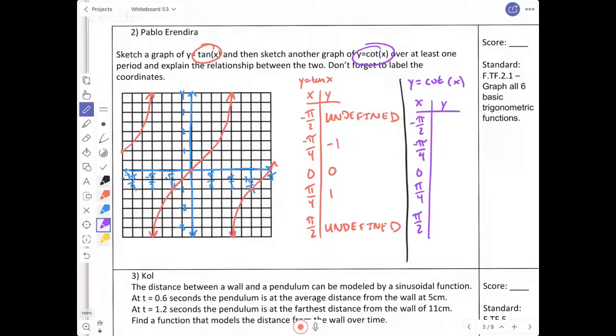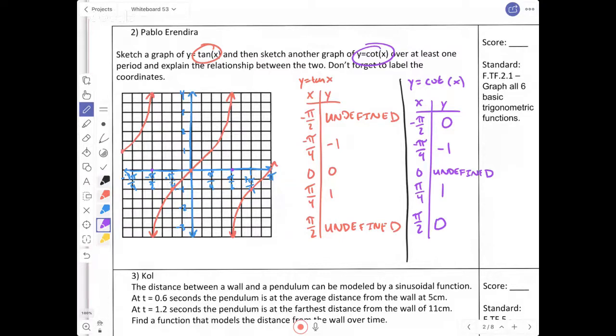Now, cotangent is the x-coordinate on the unit circle divided by the y-coordinate. So at 0, there's an asymptote. It's division by 0. That's undefined. And at negative pi over 2, we're at 0. And at pi over 2, we're at 0. So here and here. And then at negative pi over 4, I'm at negative 1, same value. And at pi over 4, I'm at positive 1, same value.